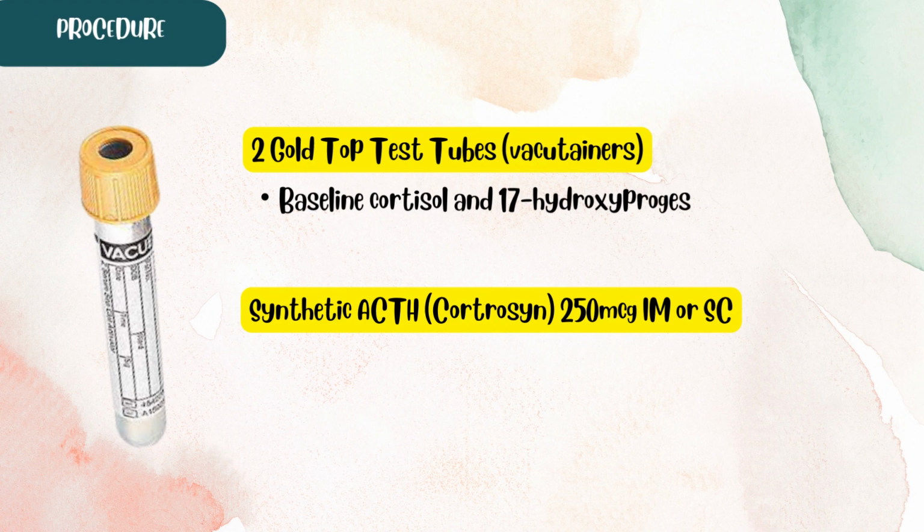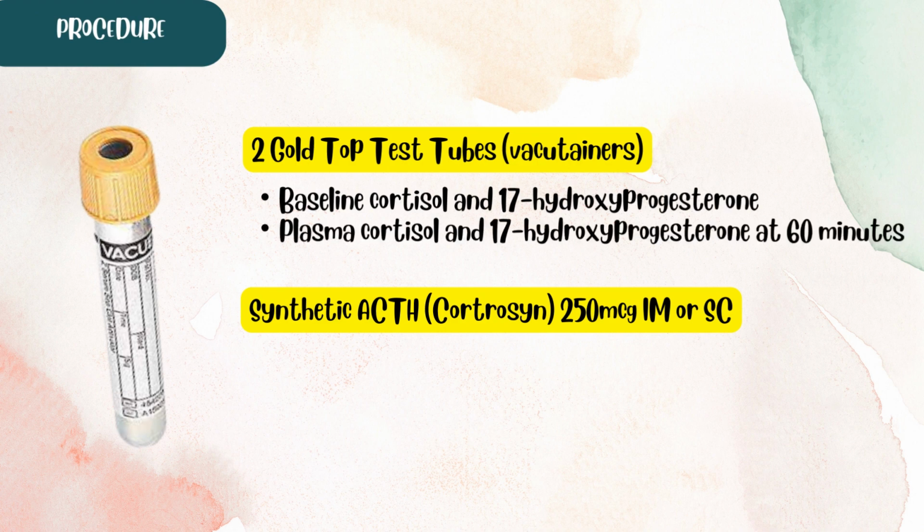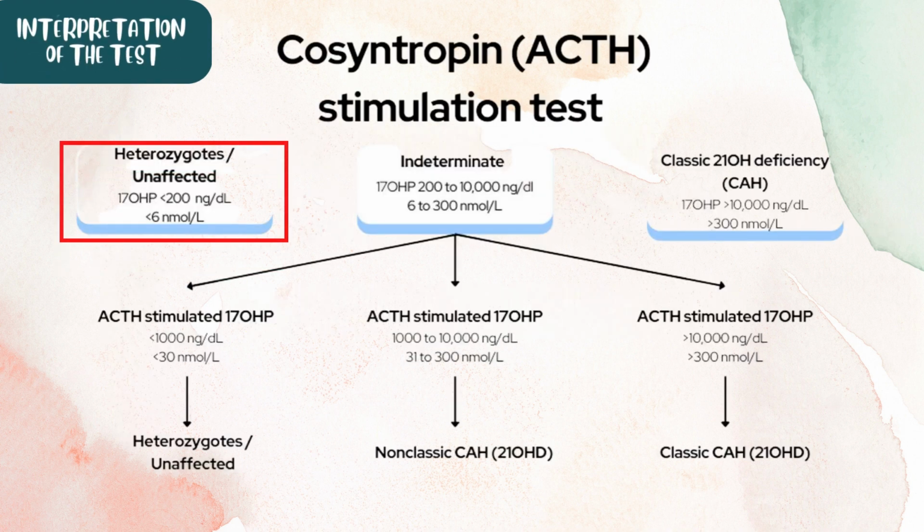In this test, both 17-hydroxyprogesterone and cortisol are drawn at baseline. 250 micrograms of cortrosyn is then administered intramuscularly. Samples of 17-hydroxyprogesterone and cortisol are then drawn at 60 minutes. If the basal 17-hydroxyprogesterone is less than 200 nanograms per deciliter, then the diagnosis is highly unlikely, as such an ACTH stimulation test is not necessary.